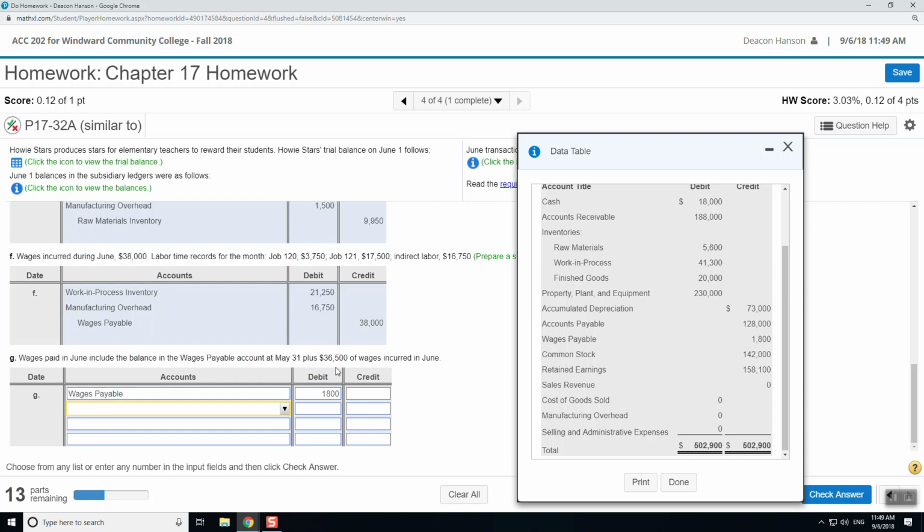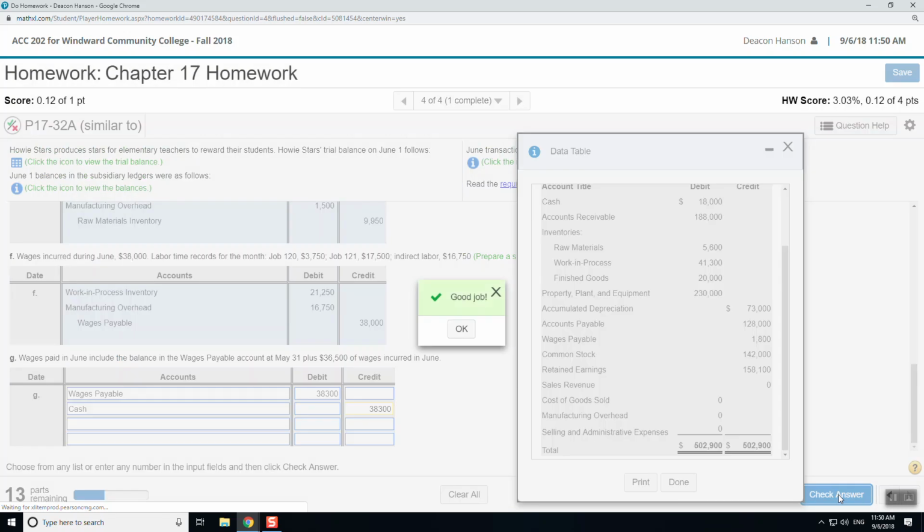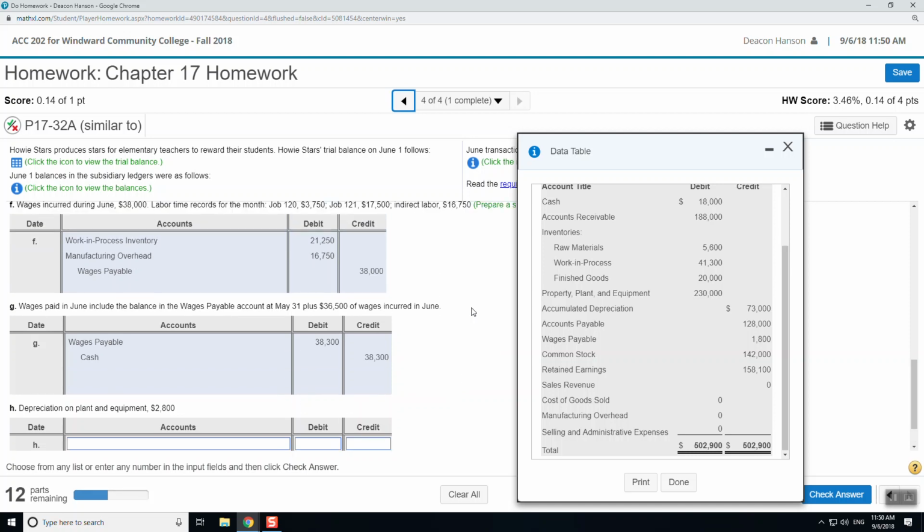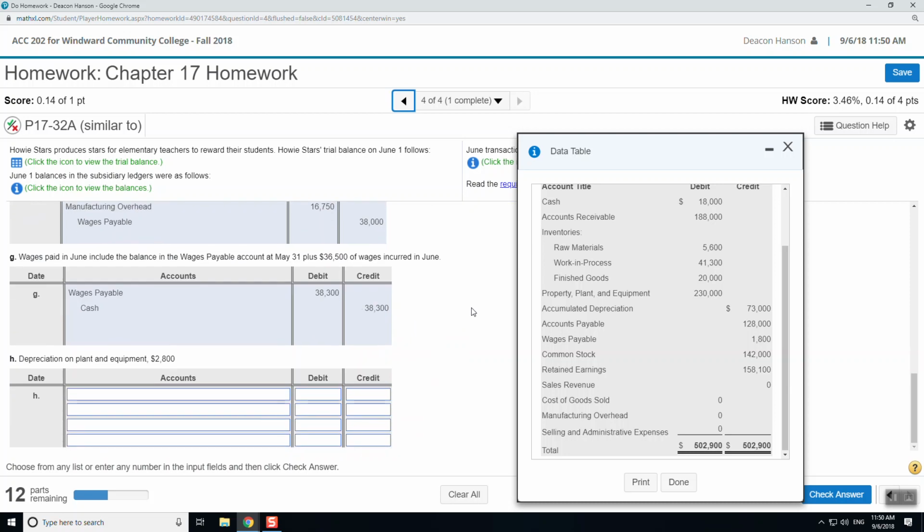So let's see, 36,500 plus 1,800 is 38,300. We'll see if we get this right. So they're paying that down with cash. Got it. So they're basically paying off the liability, their wages liability, what they owe.